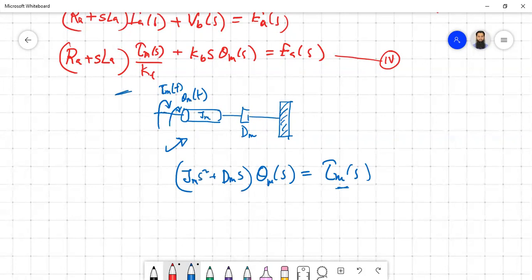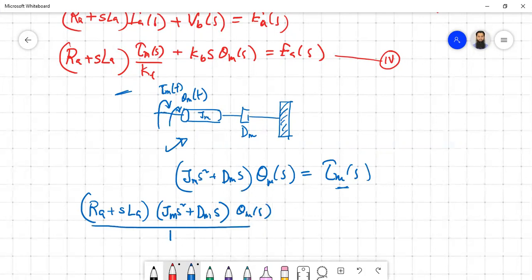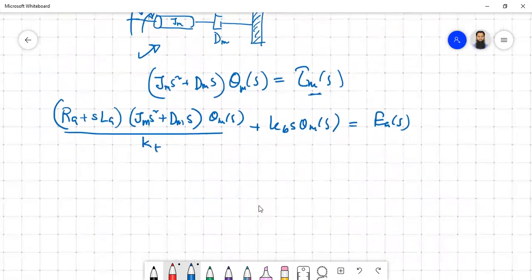So what it becomes now is (Ra + sLa) times (Jm s^2 + Dm s) theta m(s), divided by Kt, plus Kb theta m(s) equal to Ea(s).